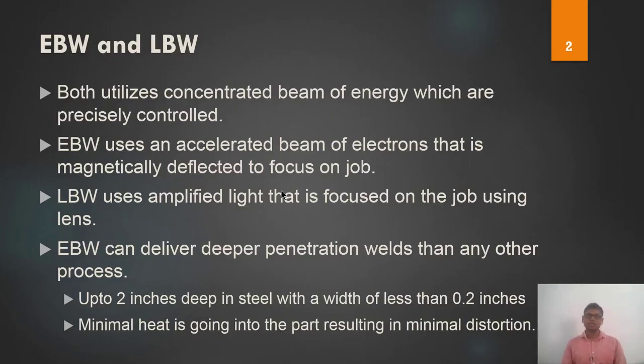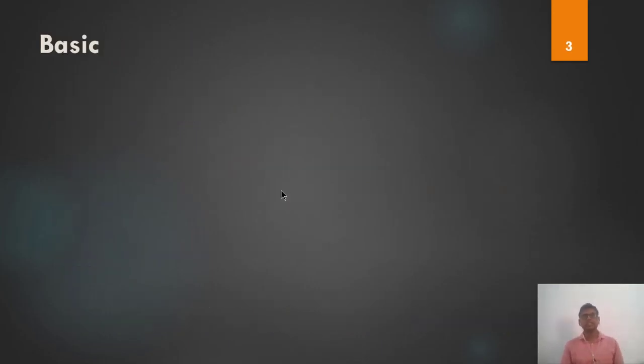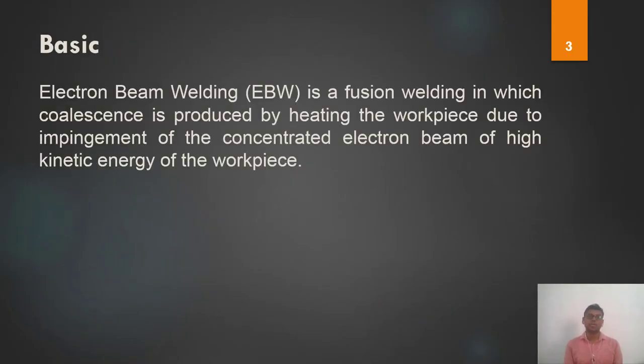Now we will talk in detail about electron beam welding. Electron beam welding is a fusion welding, in which coalescence is produced. I have talked about what coalescence is: coalescence means mixing of two metals. So coalescence is produced by heating the workpiece due to impingement of a concentrated electron beam of high kinetic energy on the workpiece.